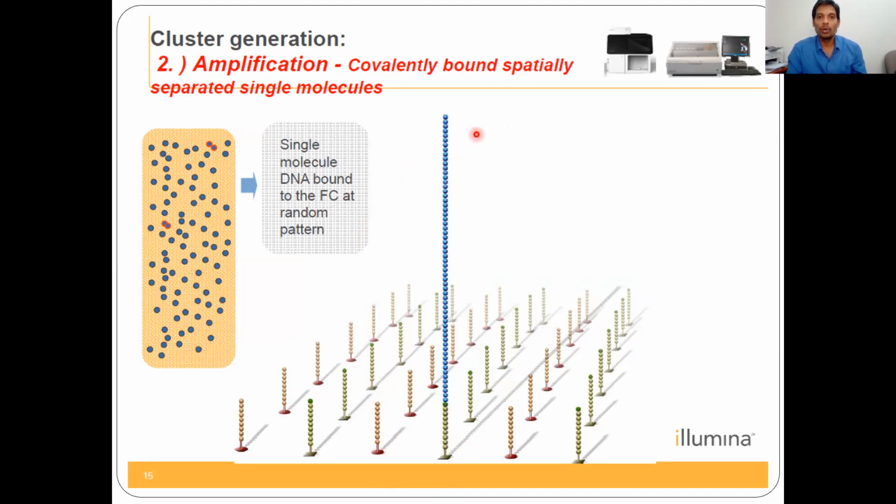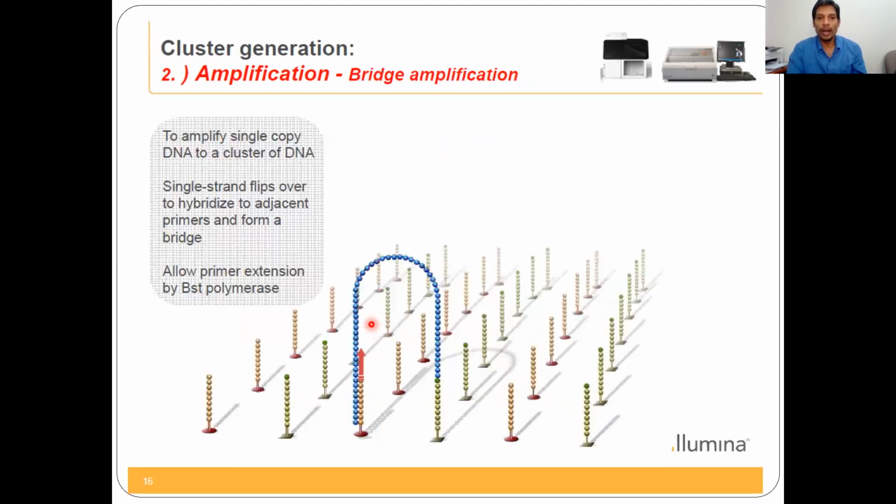Okay, so you add some chemical, an ion strength, through the flow cell, and it makes the DNA bend and align to another adapter because of the complementarity. Understand? That is how it bends and anneals to the other primer.